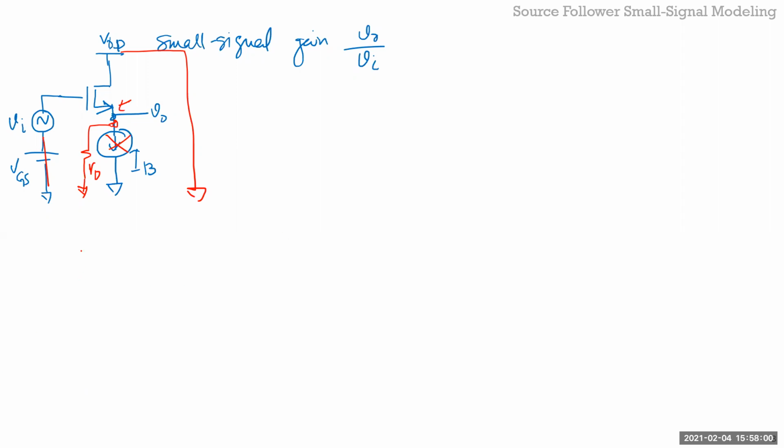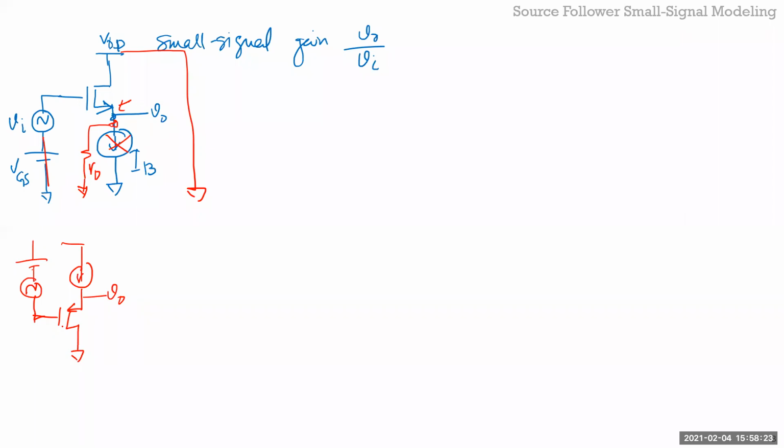It'll be the reverse. So you'll have a current source, and if I have to show this accurately, you'll probably want to show it this way. Okay, so this is a PMOS source follower, right?